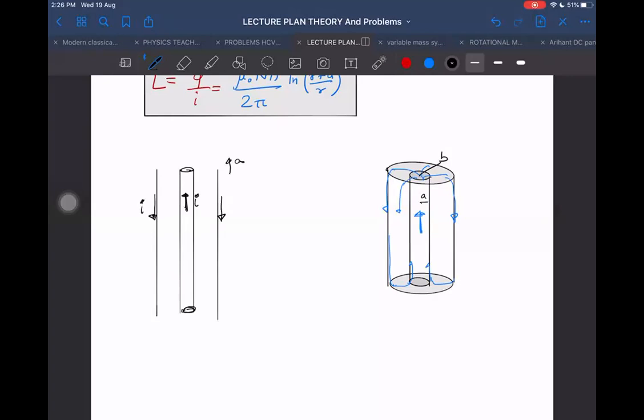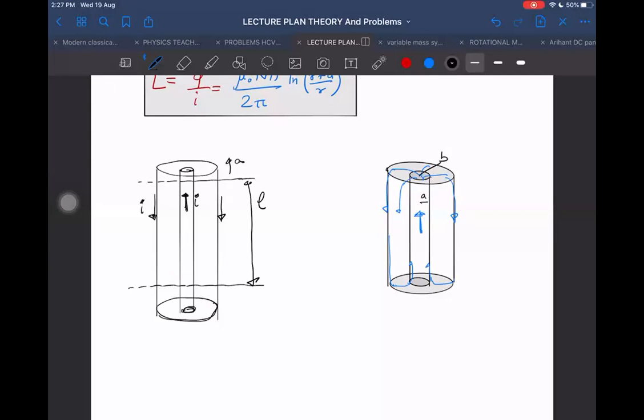All we need to see is what happens at those points which are close to us. If my length of observation is between these two dotted lines, let us say the length is given to us as L. Between the two dotted lines, the current is returning from outside, and inside it is going up, and from outside it is coming down.